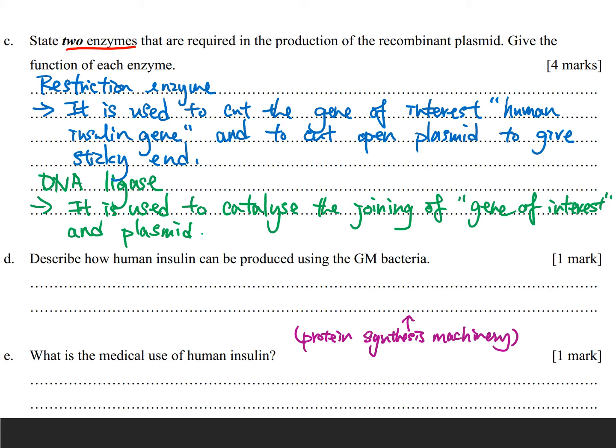So let's write down. The human insulin gene is expressed in bacteria.